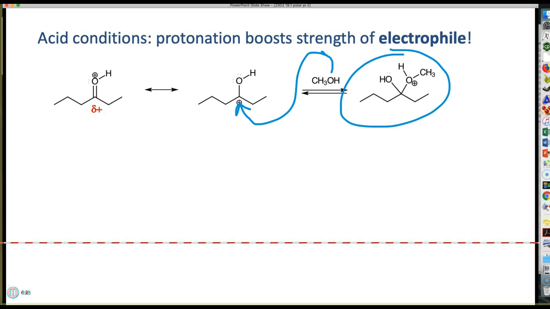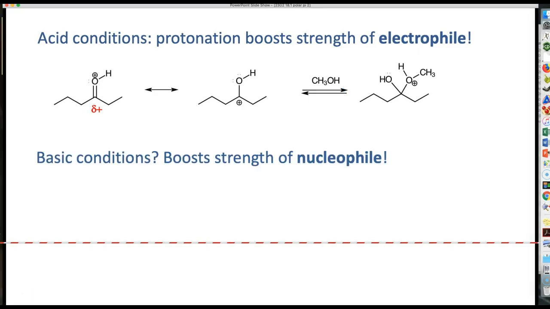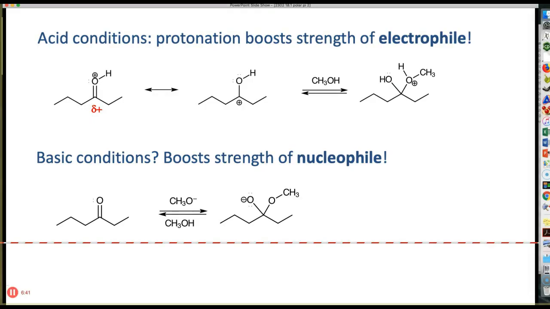Okay, so do we always use acid catalysis? Well, no, because you have to admit that neutral nucleophile is pretty weak. So under basic conditions, I actually have a much stronger nucleophile. The bottom line here is that in the chemistry that we'll see in this chapter, we're going to do one or the other.